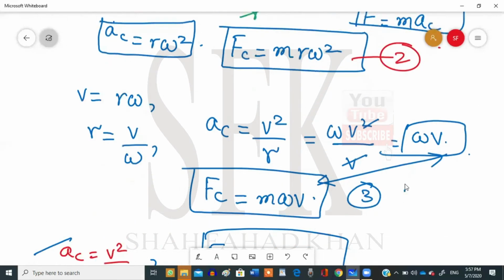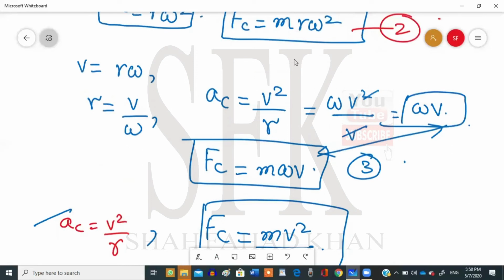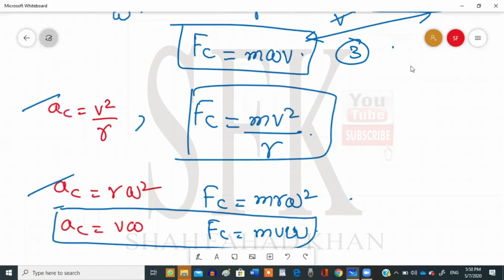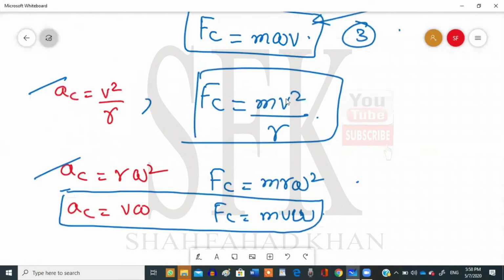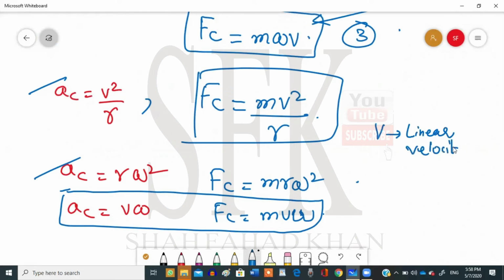So now this was the centripetal force. The first one is for linear velocity. Remember this v symbolizes linear velocity, and omega symbolizes angular velocity.